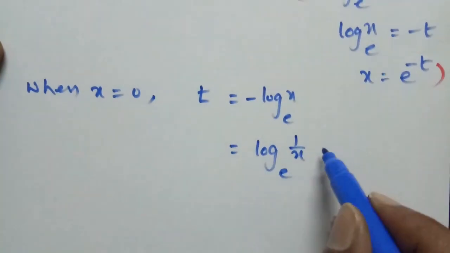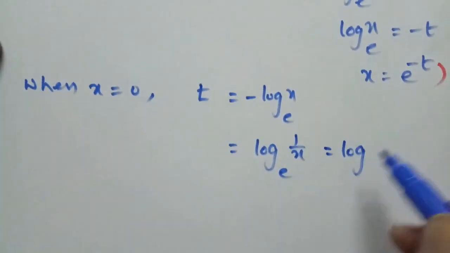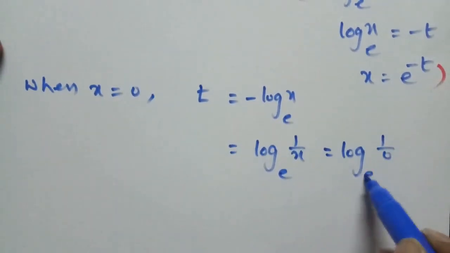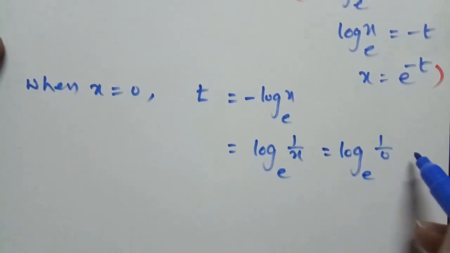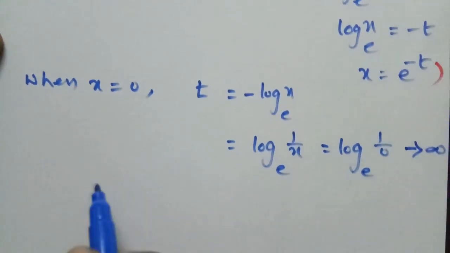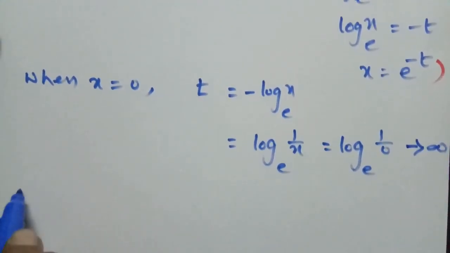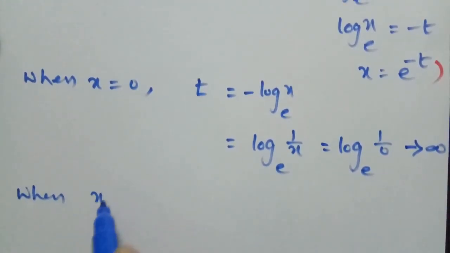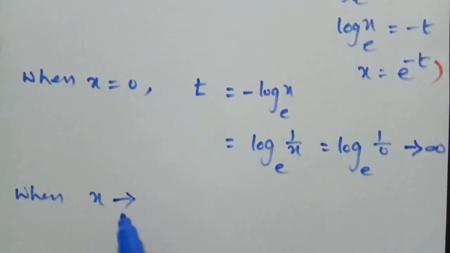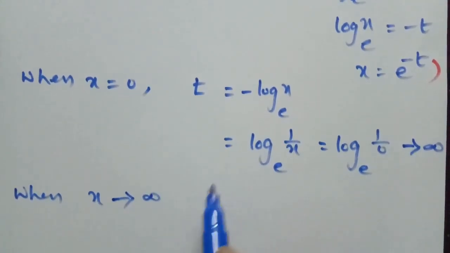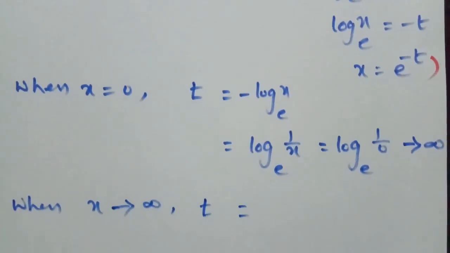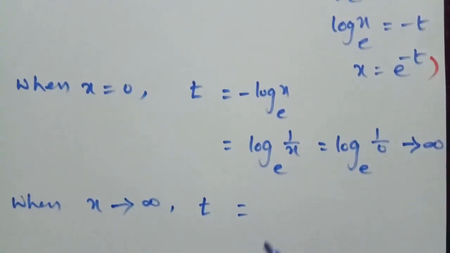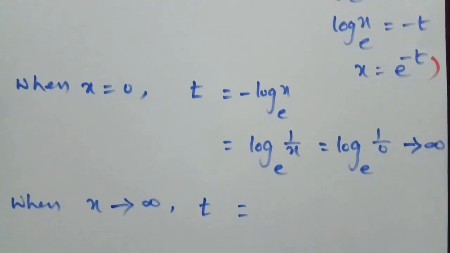When x is equal to 0, this is log of 1 by 0 to the base e, that means log of infinity. This tends to infinity.